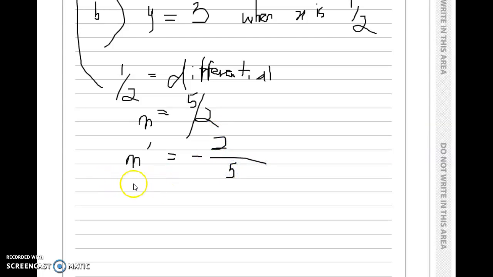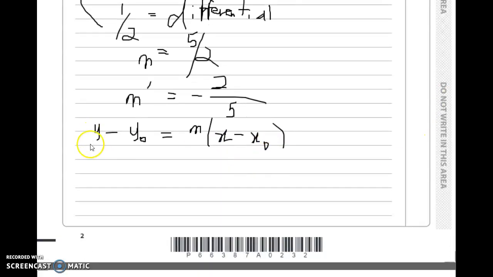Now you can use this formula, which is y minus y naught equals m bracket x minus x naught. My y value was 3 that we found, and our m value is minus 2 upon 5.